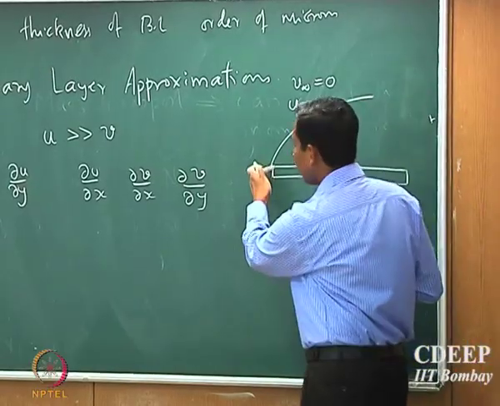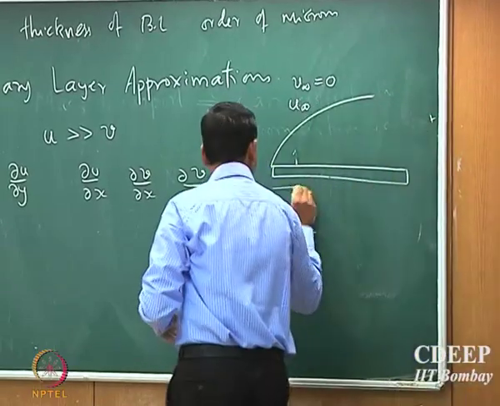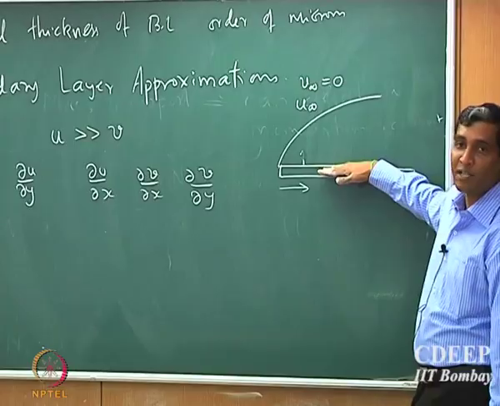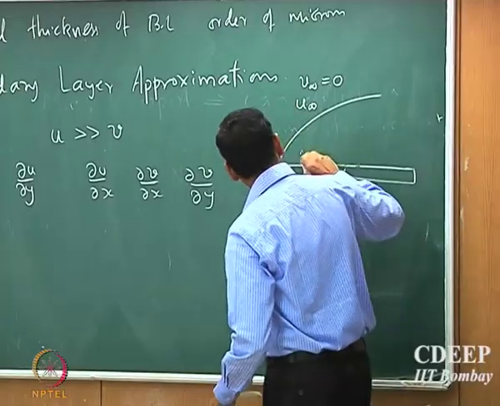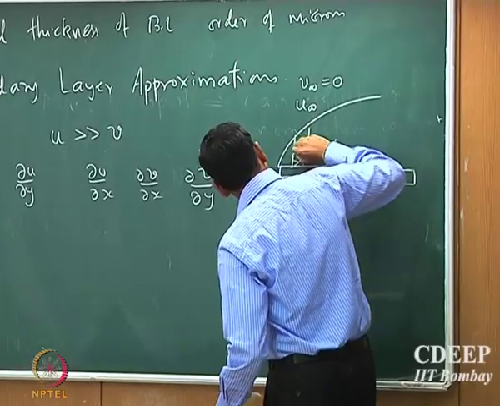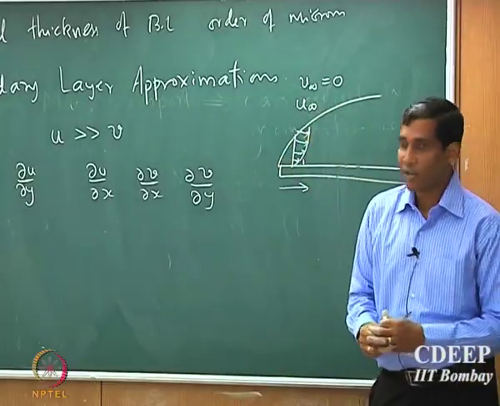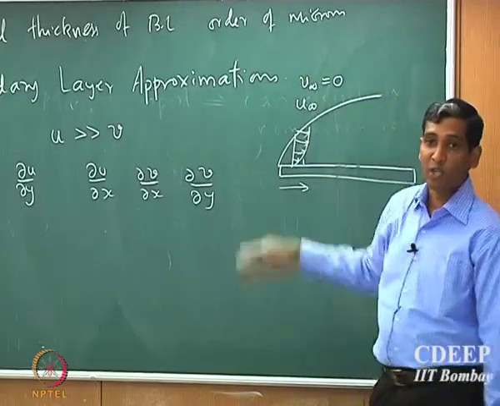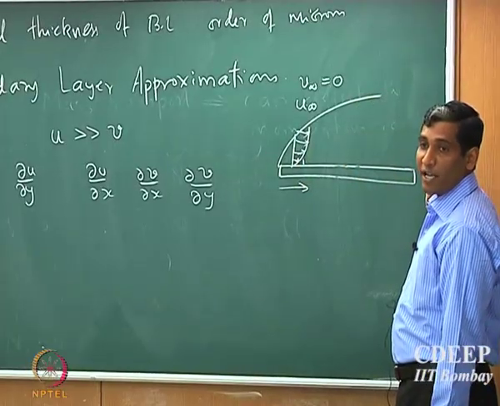The fluid particles moving in the x direction are retarded strongly because of the friction offered by this surface, and therefore you would expect steep gradients. Because of that retardation, the gradients in the y direction of the x component velocity are going to be much larger than the gradients in the x direction itself.